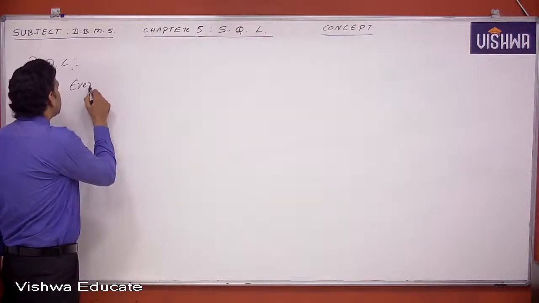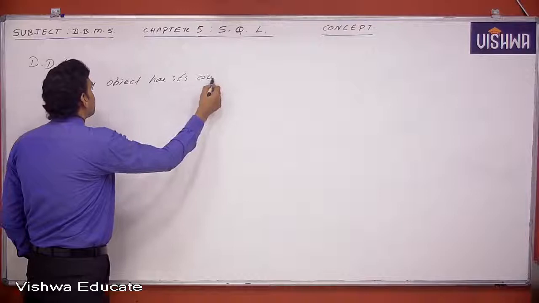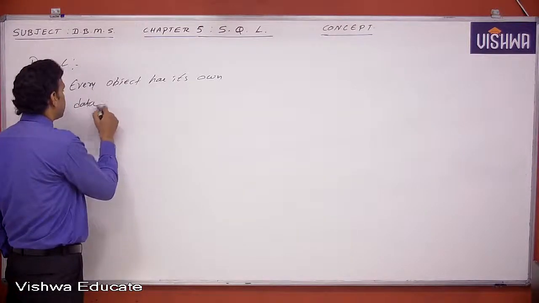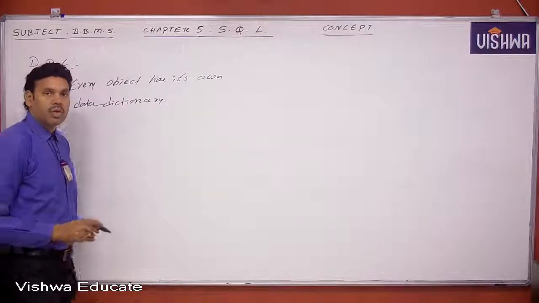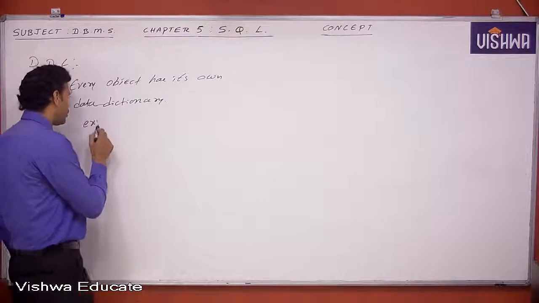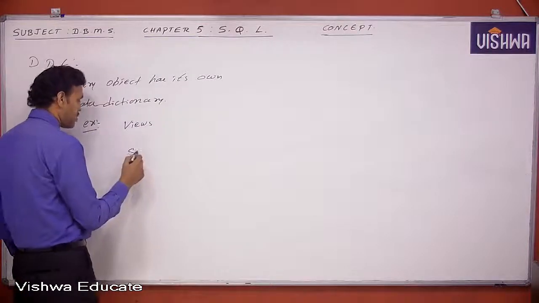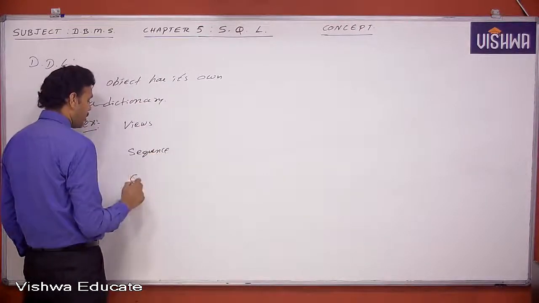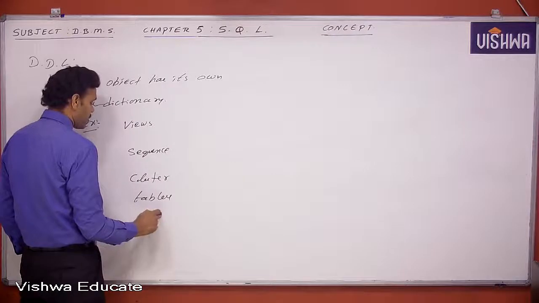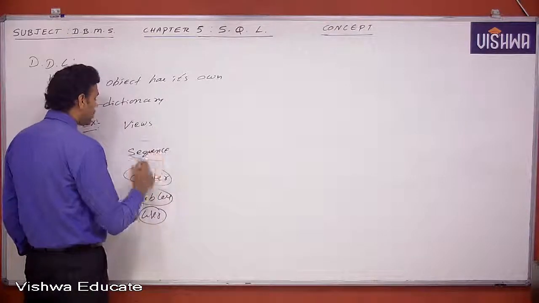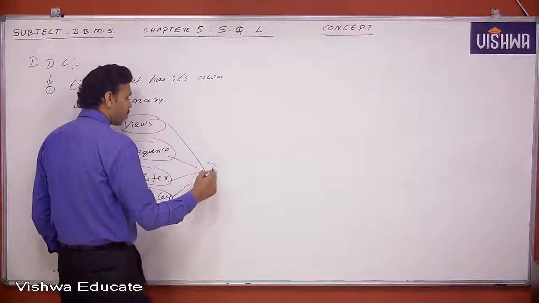We know that every object has its own data dictionary. For example, view, sequence, cluster, tables, users. These are all objects. These object definitions are stored in data dictionaries.